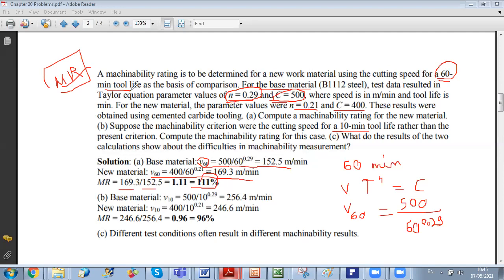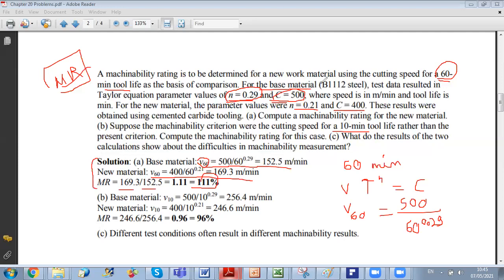When we perform any comparison, we should provide the tool life. Depending on your application, if it requires a very long tool lifetime, you will consider the comparison based on 60 minutes, let's say.